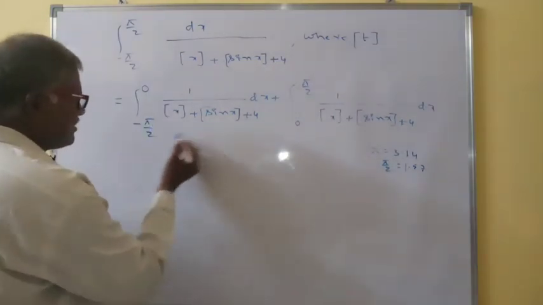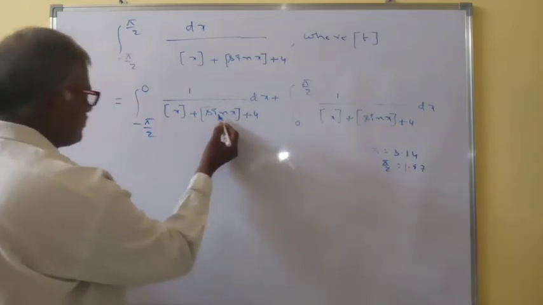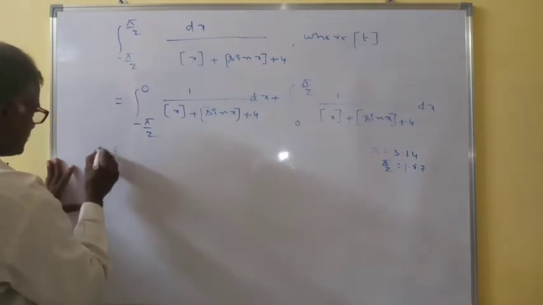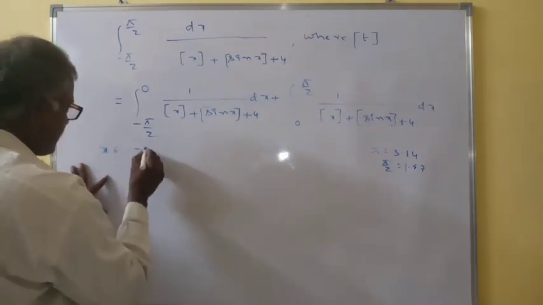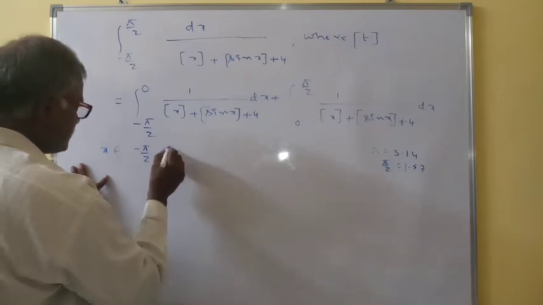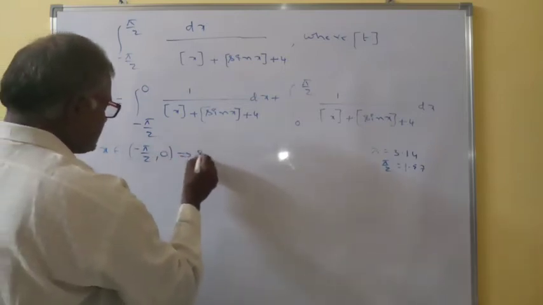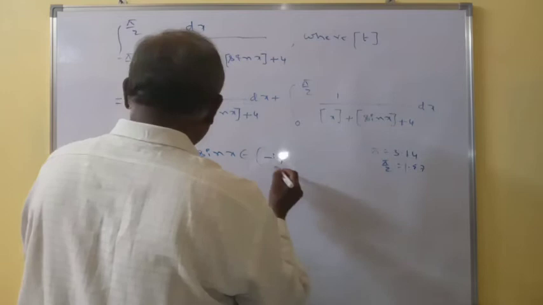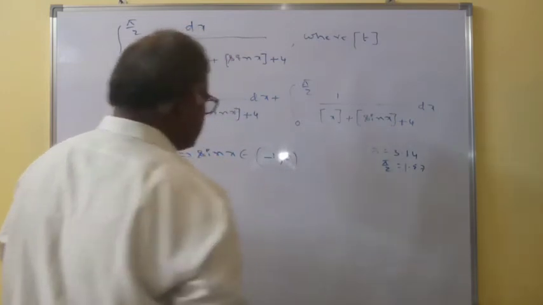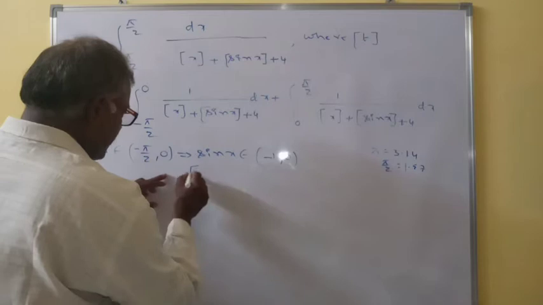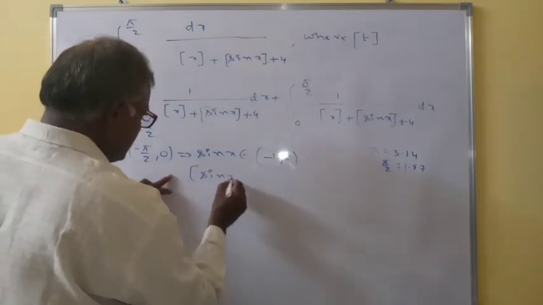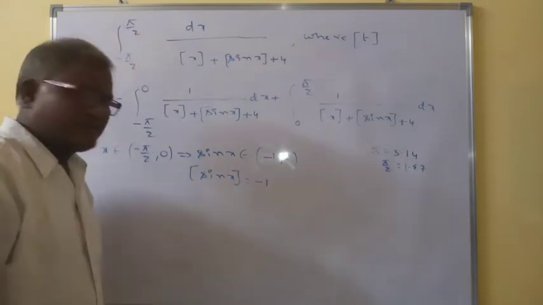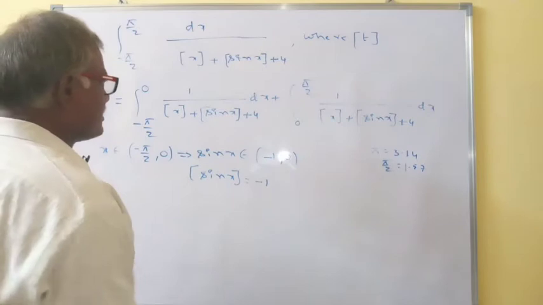Now actually in this interval, what is this value? Here x belongs to minus pi by 2 to 0. That means sin x belongs to minus 1 to 0. That means in this interval, sin x value is nothing but minus 1.